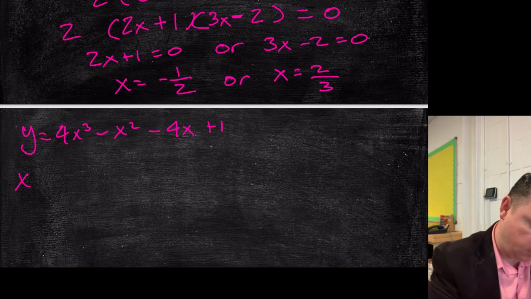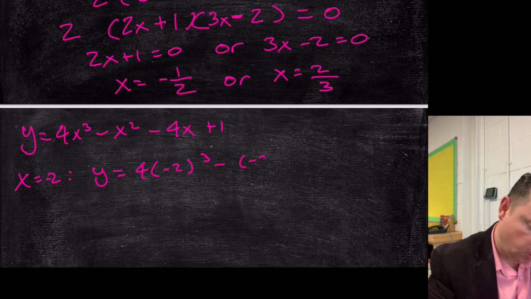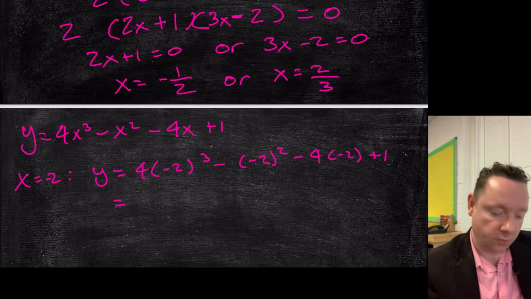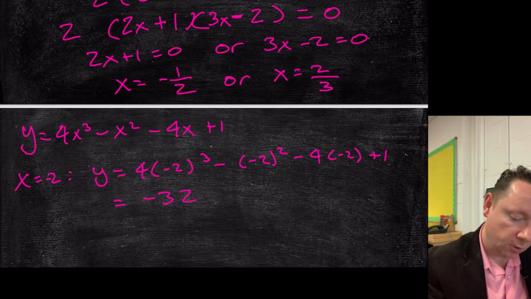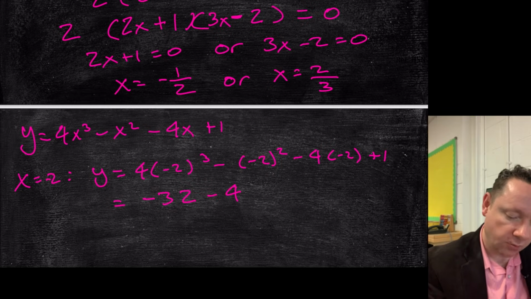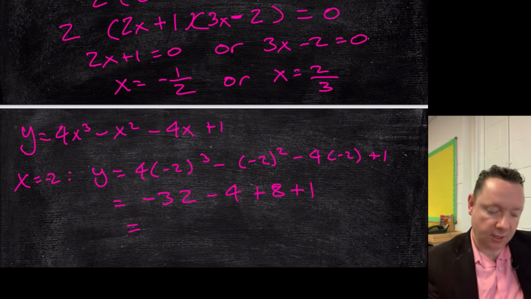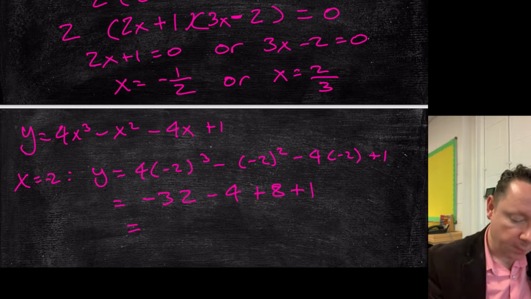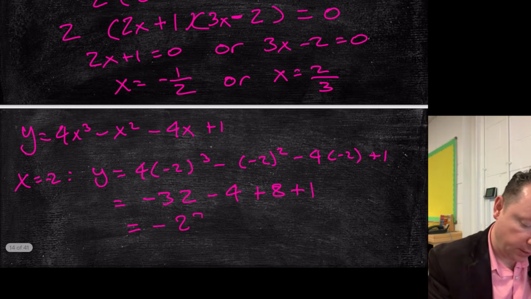At x equal to minus 2, y equals 4 times minus 2 cubed, minus minus 2 squared, minus 4 times minus 2, plus 1. 2 times 2 is 4, times 2 is 8, 8 times 4 is 32, so you get minus 32. 2 squared is 4, but that's a positive with a minus, so that's minus 4. Minus 4 times minus 2 is plus 8, and then plus 1. So doing a bit of maths, you get minus 36 plus 8 is minus 28, plus 1 is minus 27. So there's our first one.